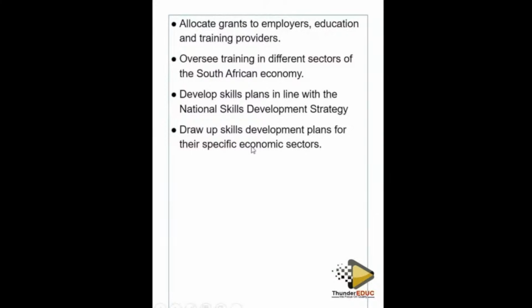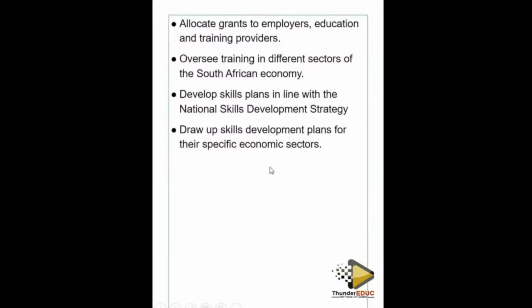But also if they see that there's a need to improve the skills under the primary sector, they must go for it. Remember, as I said earlier, the primary sector is the one that has employed a lot of South Africans. Here we have the mines, we have agriculture, we have fishing, and the likes. So now the SETA normally draws up the schedule or plan for their target sector.